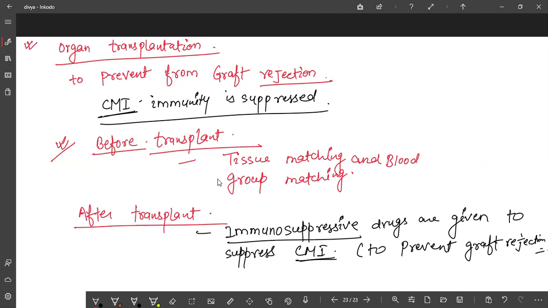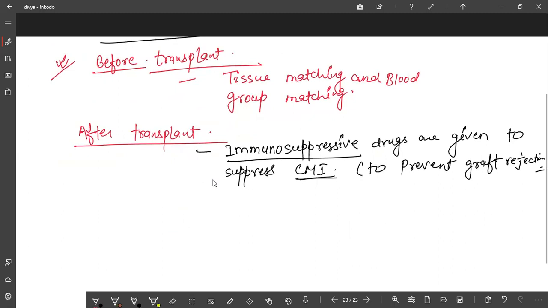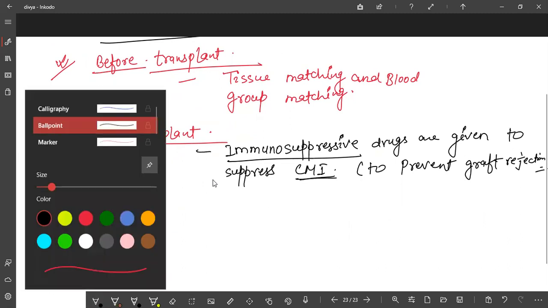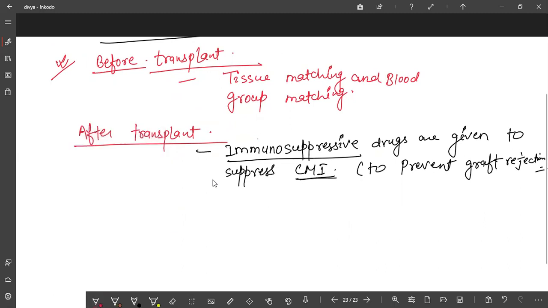Is it clear to you? To prevent graft rejection. So after transplantation, what types of drug will you give to the patient? Immunosuppressive drugs. One immunosuppressive drug is cyclosporine. You have studied this in the chapter microbes in human welfare.